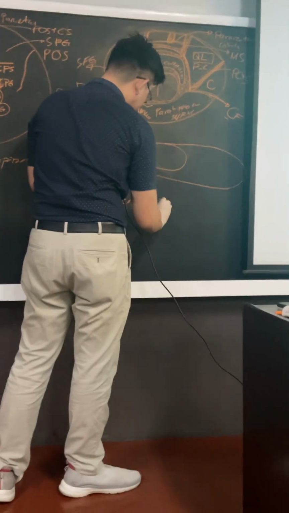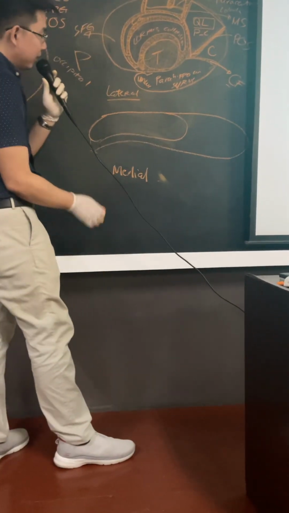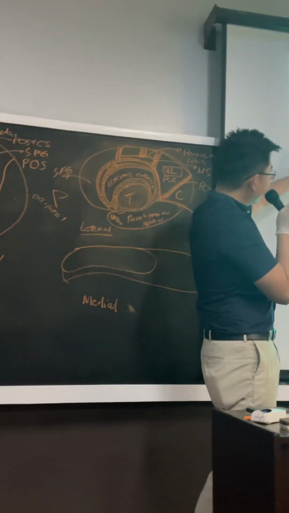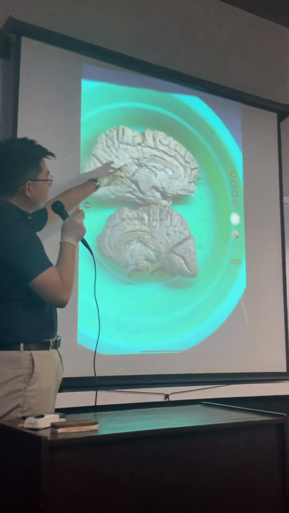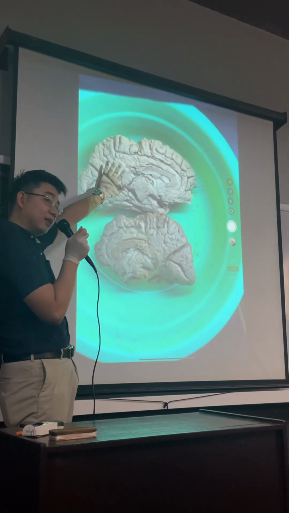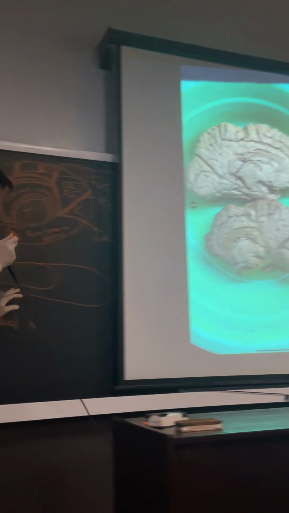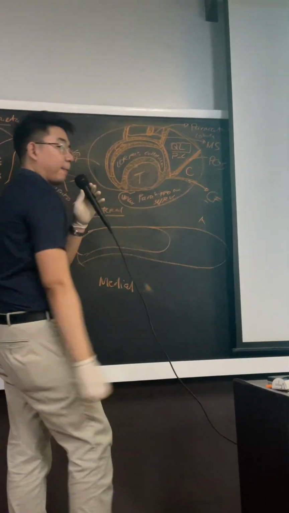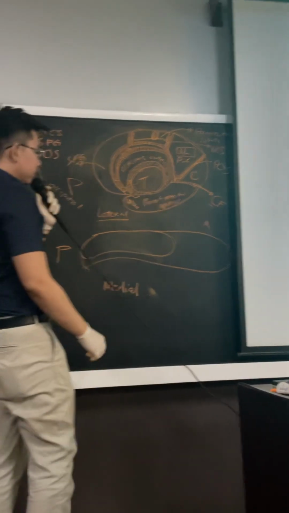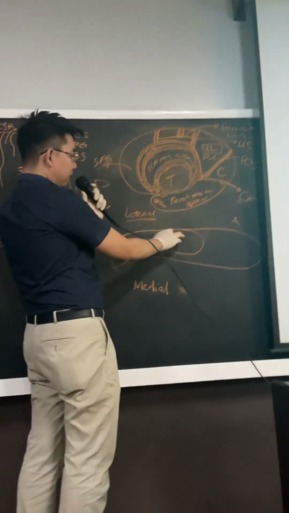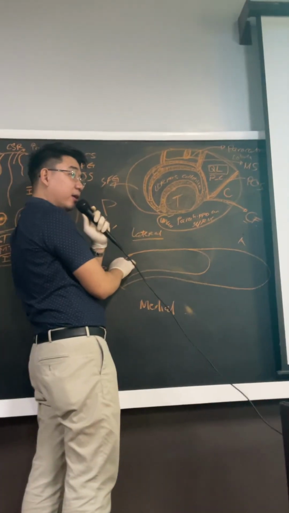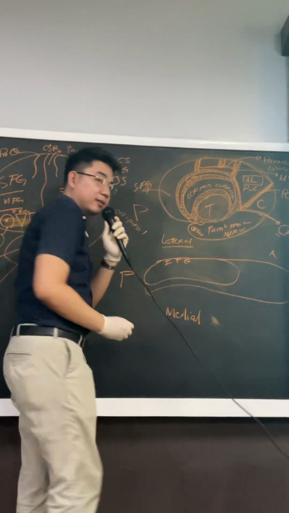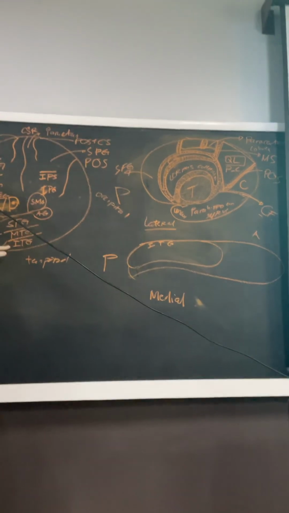If we pick this up and look at the basal surface of this structure, this is how it looks. This one here is the posterior, and this one here is the anterior part. What was the last gyrus found here? That's your inferior temporal gyrus, which is an extension of this.